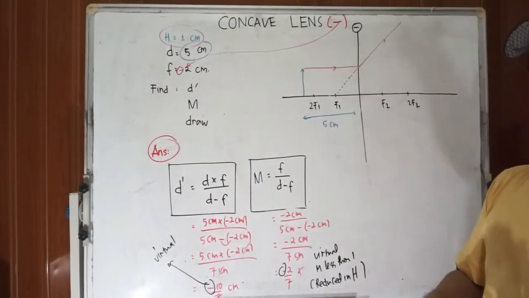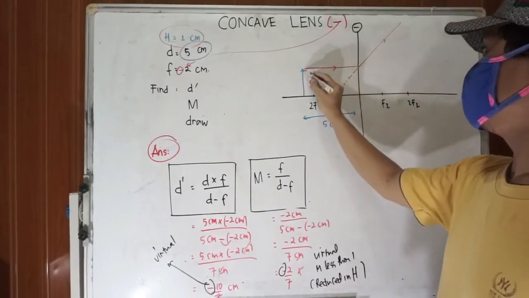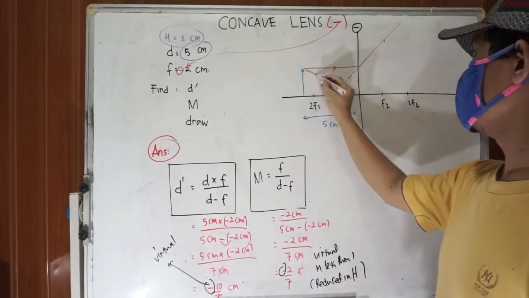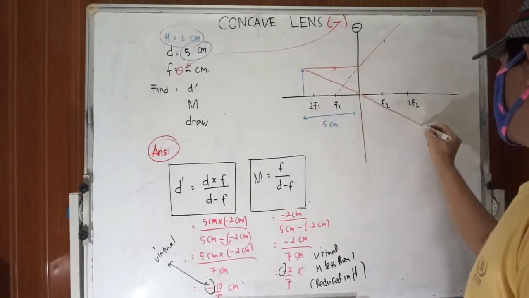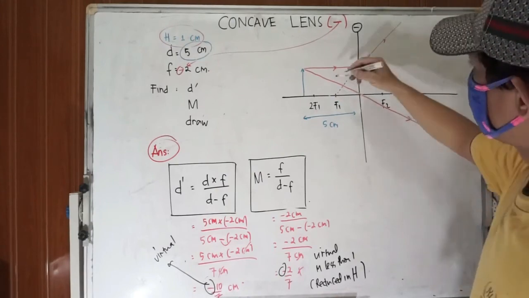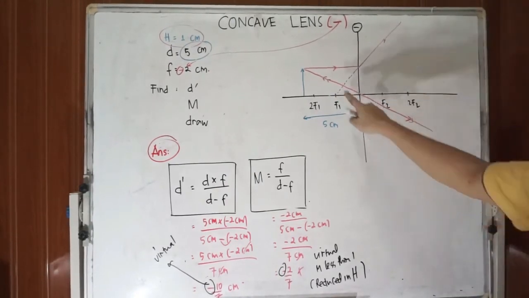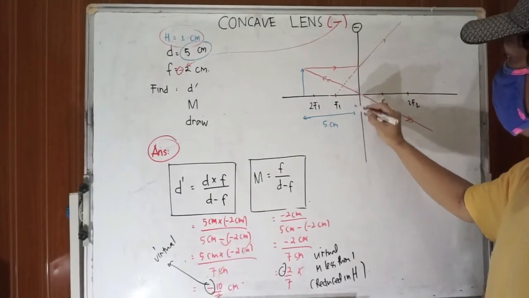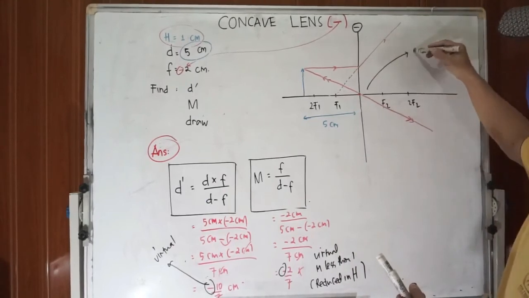And then rule number 2. The ray through the center is undeviated. The ray through the center here, this one is the center.